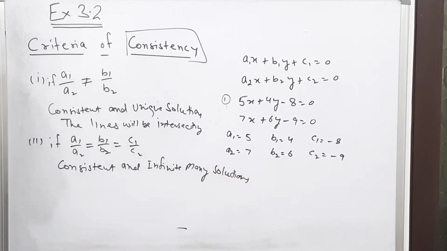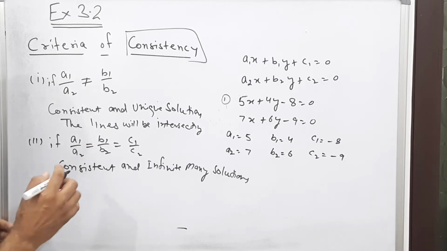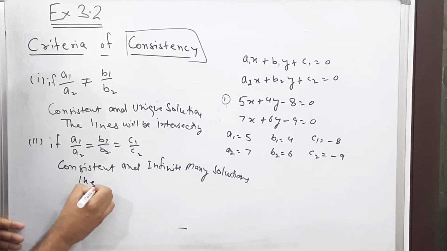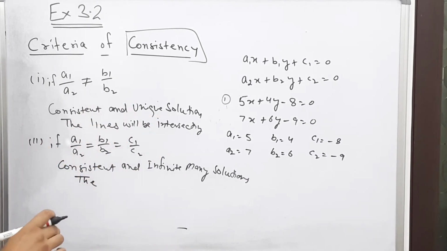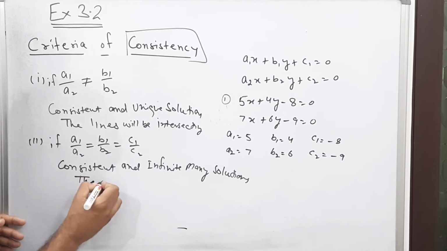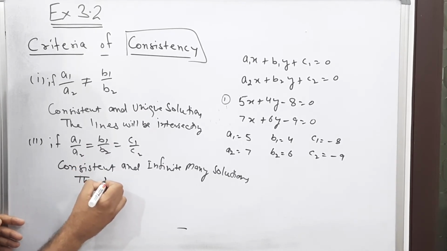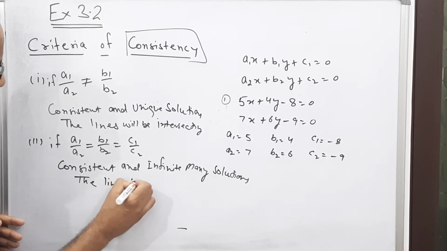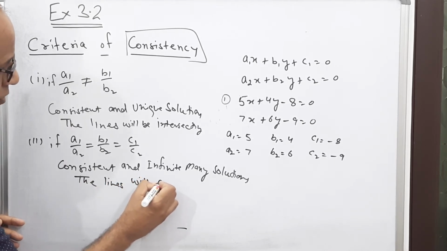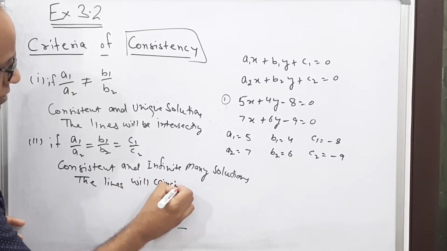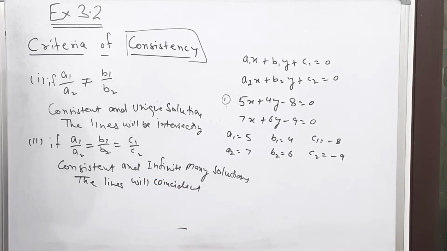That is the second criteria. If you draw the graph of that pair of lines, the lines will overlap, that is, they will be coincident.